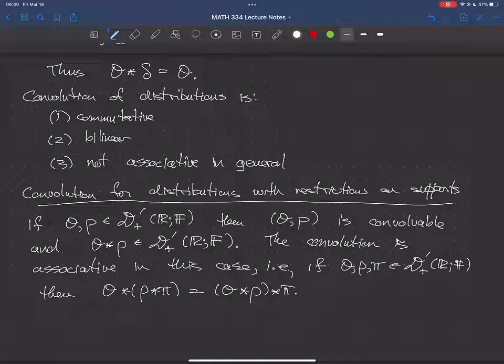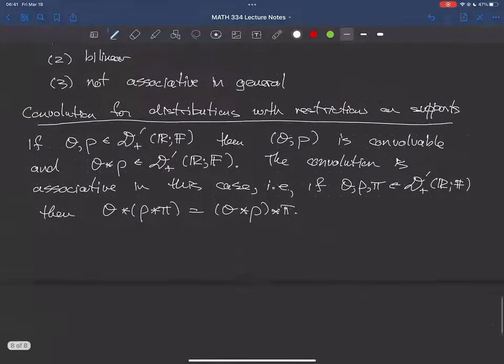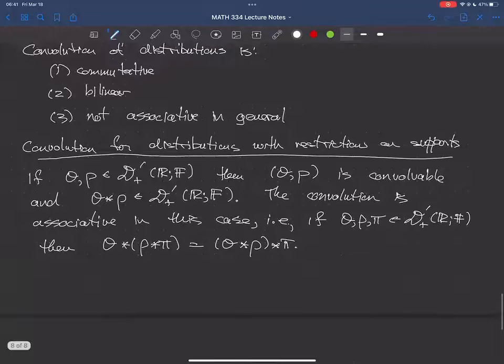All right, so we're trying to mirror what we did in the case of signals. The next thing that you would talk about, and we'll maybe talk about it next time, is special kinds of convolvable pairs.